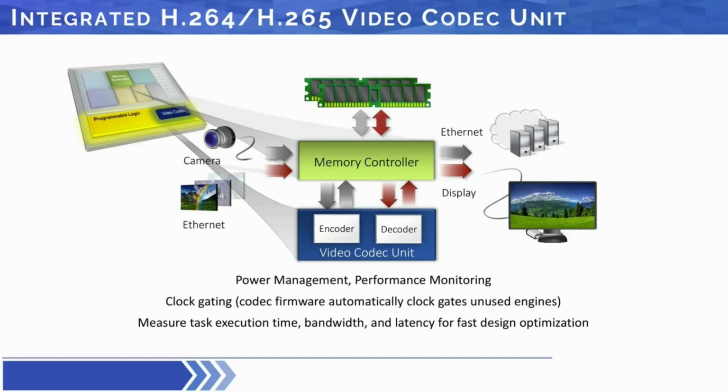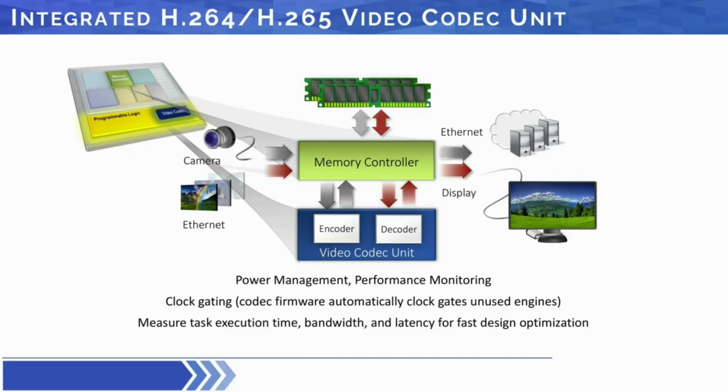Being the dedicated building block in the logic, it is cost and power optimized for the high performance compression standards. While supporting up to 4K 60 frames per second operation, the embedded firmware automatically clock gates internal elements to actively manage power consumption when working on lower rate streams.